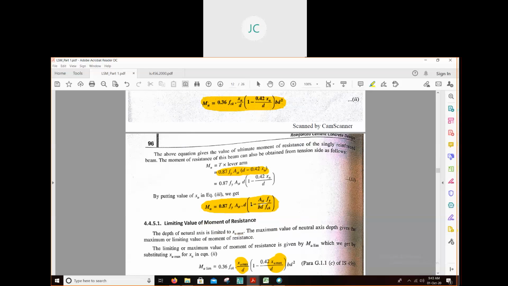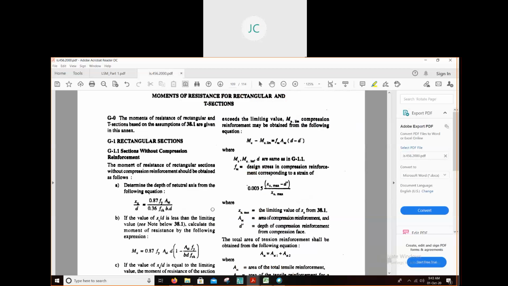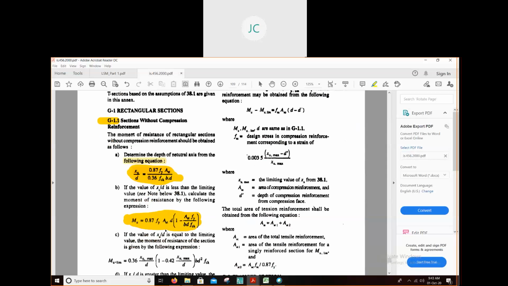You can see this formula is also given in your IS 456. M equals 0.87 fy Ast d, into (1 minus this portion). In IS 456, this formula is directly given: moment of resistance equals 0.87 fy into area of steel in tension into effective depth, within bracket 1 minus this value.